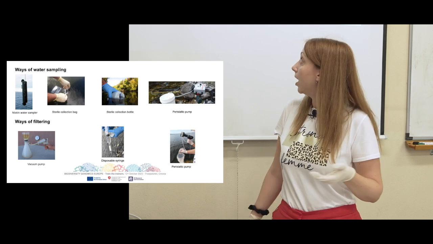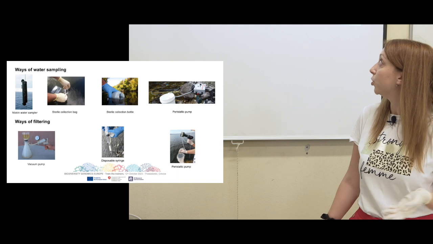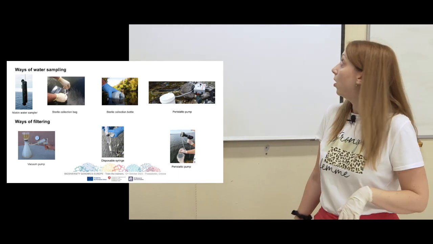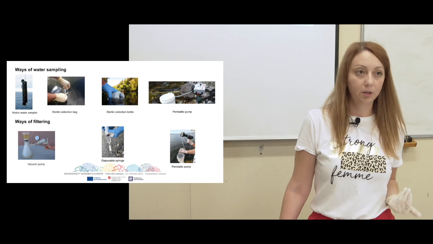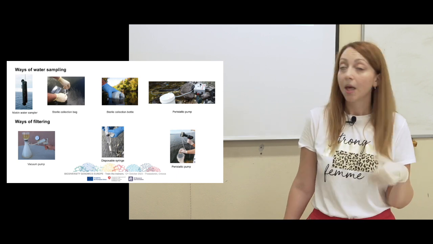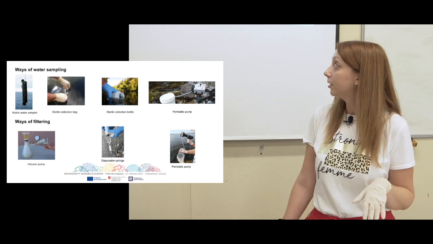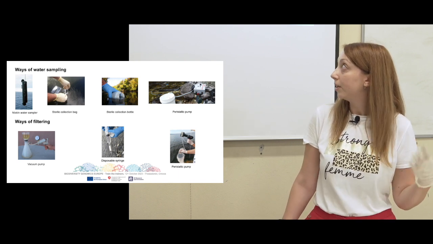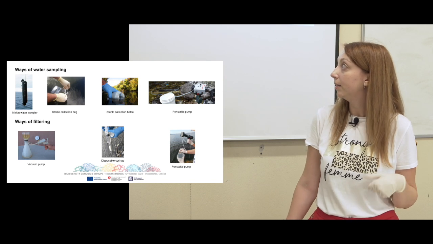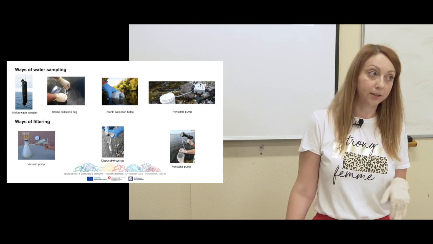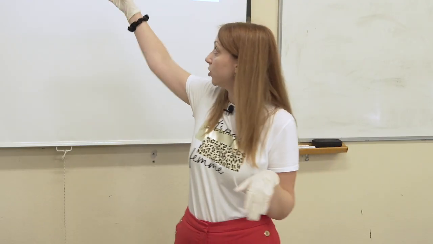Or we can use simple ways, like a sterile collection bag or bottle, or a peristaltic pump that will pump the water to take the samples. Then we have to filter the water that we have collected. Again, there are different ways of doing this. We can use a vacuum pump or a peristaltic pump, or a simple approach like a disposable syringe.